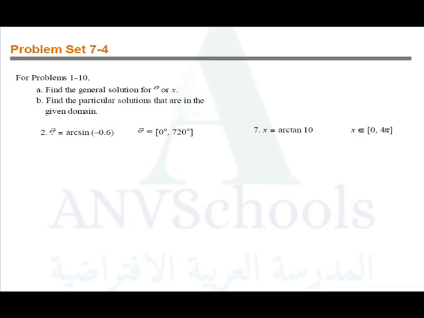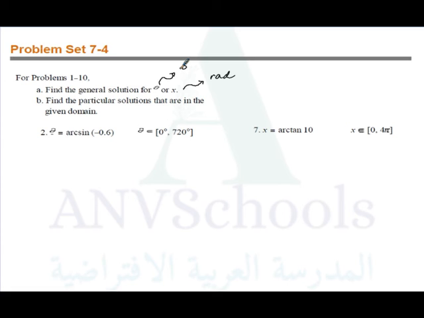Remember, for theta, the answer should be in degrees, and for x, it should be in radians. And also, if you happen to have the radian and the degrees, then you have to set your calculator mode into either radian or degrees.